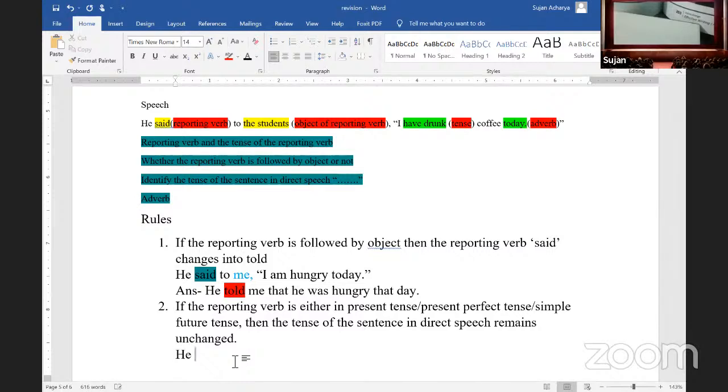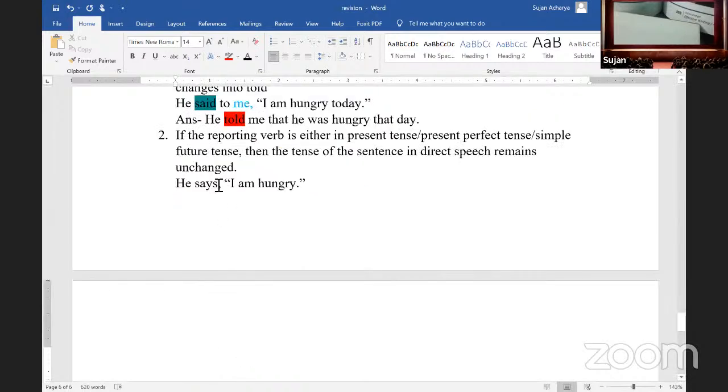Just like he says, I am hungry. Now because this says is in present tense, the tense of the sentence in this direct speech remains unchanged if this reporting verb is either simple present, simple future or present perfect.